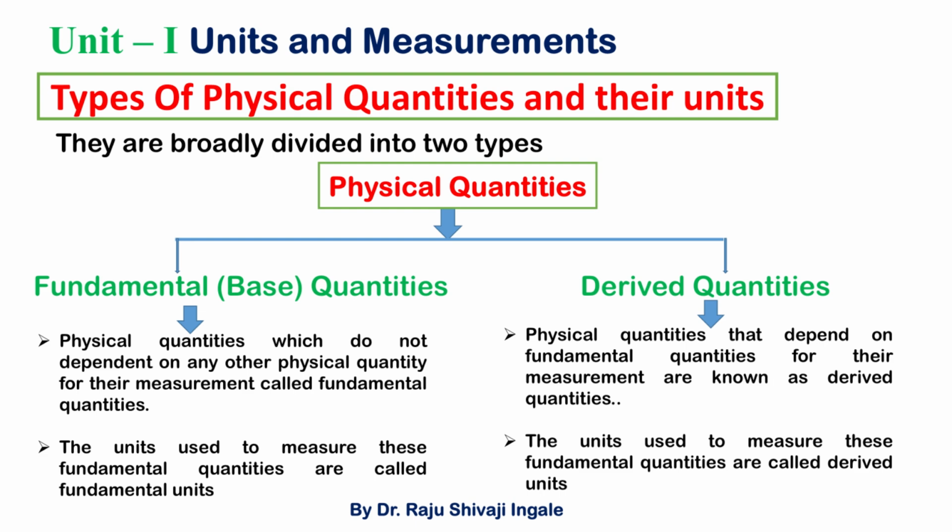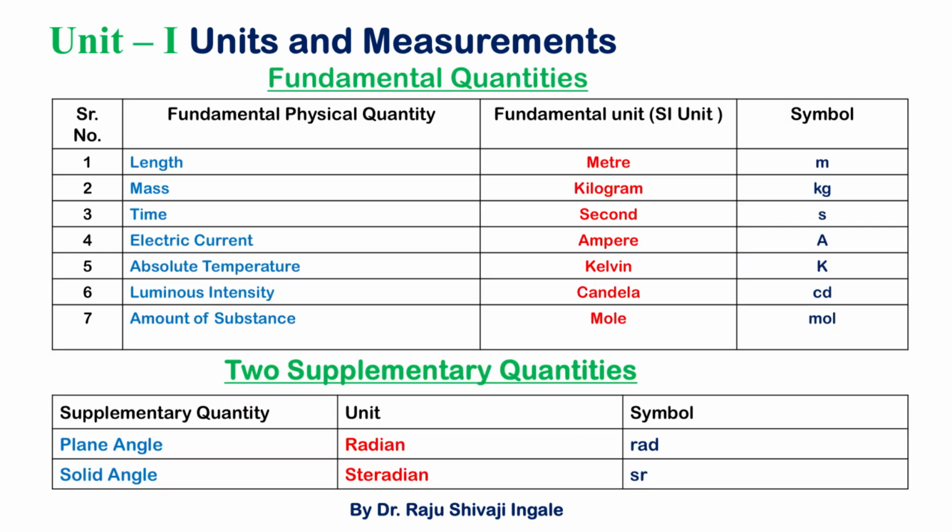There are seven fundamental quantities: length, mass, time, electric current, absolute temperature, luminous intensity, and amount of substance. We measure length in meter, mass in kilogram, time in second, current in ampere, temperature in Kelvin, luminous intensity in candela, and amount of substance in mole.